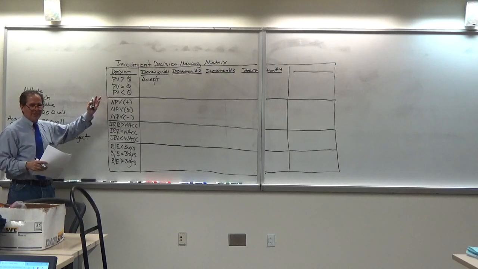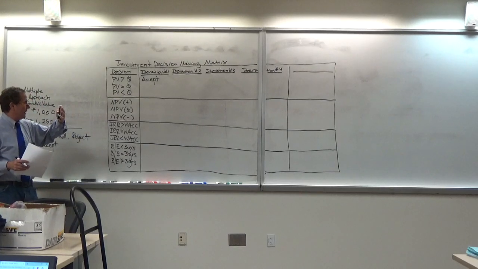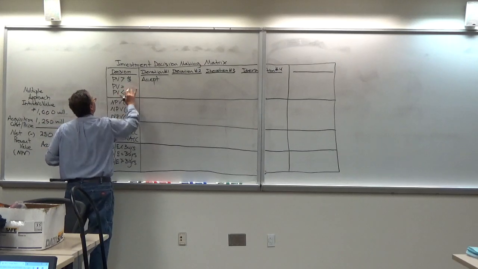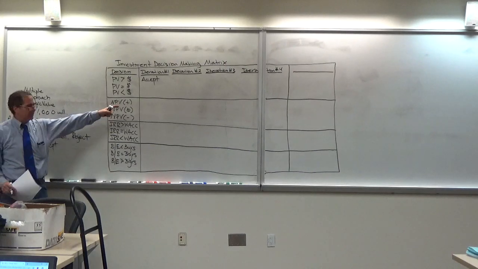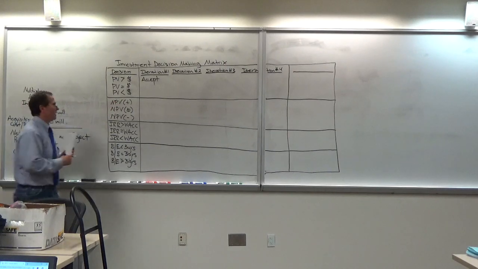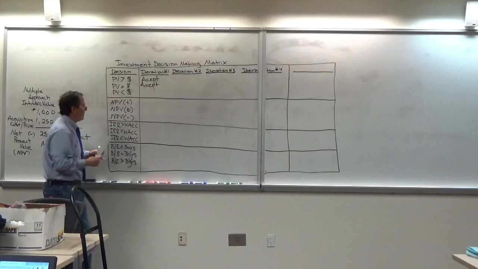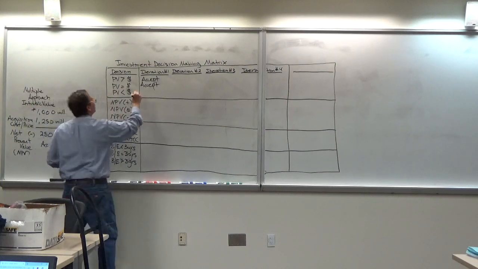When the present value is equal to the price or the cost, do you accept or reject? Accept. When the present value is less than the price or the cost, do you accept or reject? Reject.